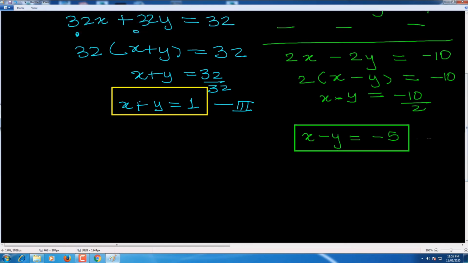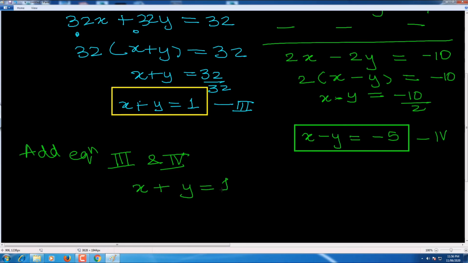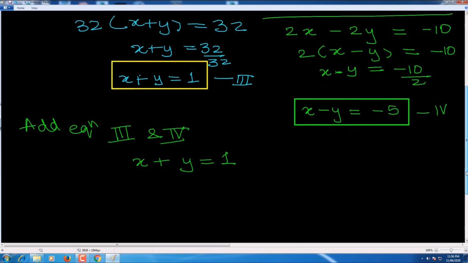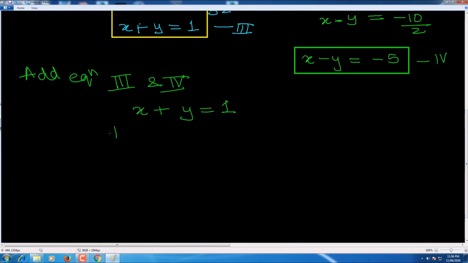Now let us add these equations to get the values of x and y, which is the solution. Let us add equation number 3 and 4. x + y = 1 and x - y = -5.